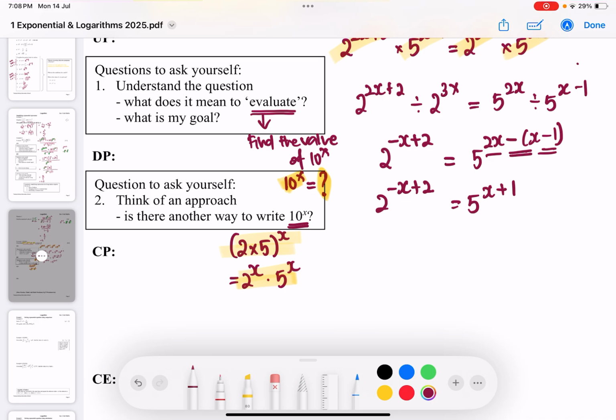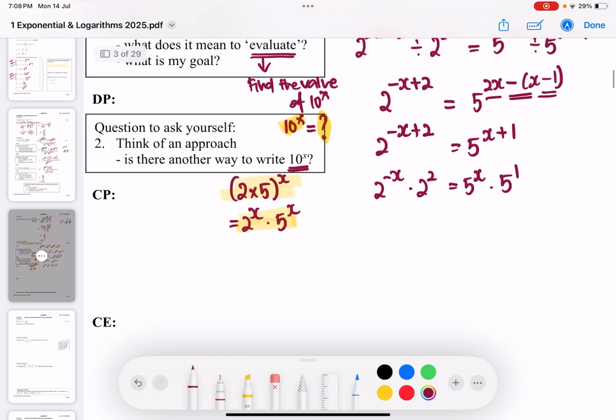And then remember the next thing I talked about was how if I want to find 10 power x, one side should just be numbers. So what I'm going to do is to just split this so that I can move the terms with x to one side and the numbers to the other side.